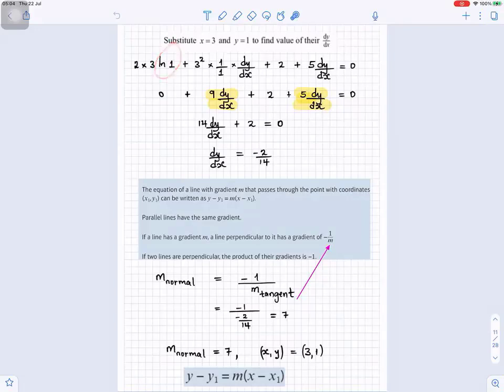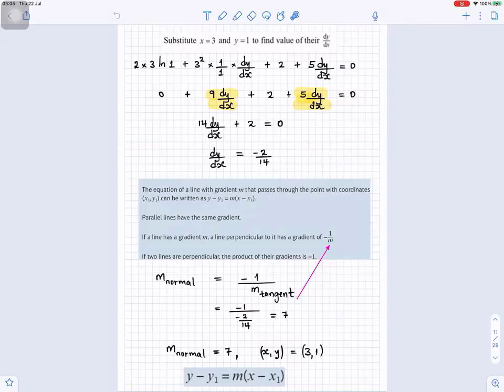Ln of 1 is 0, so all of that is 0. 3 squared is 9 times dy over dx plus 2 plus 5 times dy over dx. 9 plus 5 gives you 14, so that's 14 dy over dx plus 2 equals 0. So 2 goes to the other side, it becomes minus 2, and you divide by 14. So dy over dx is minus 2 over 14.